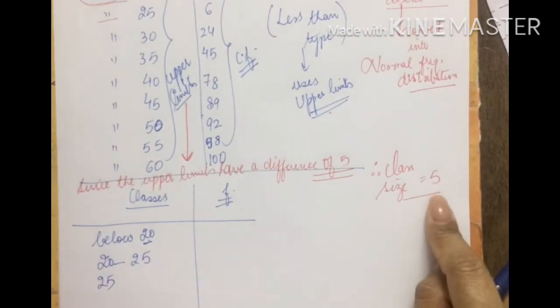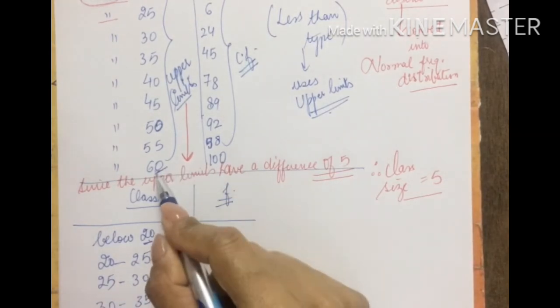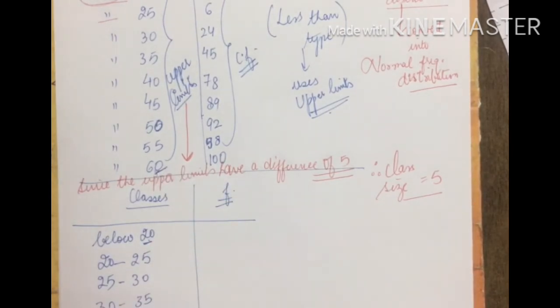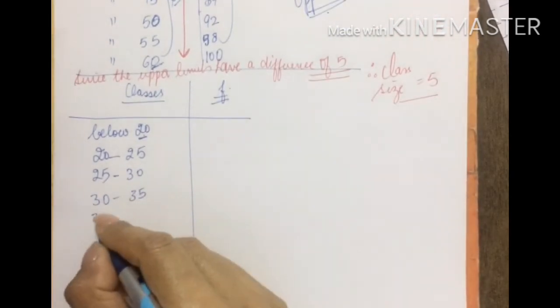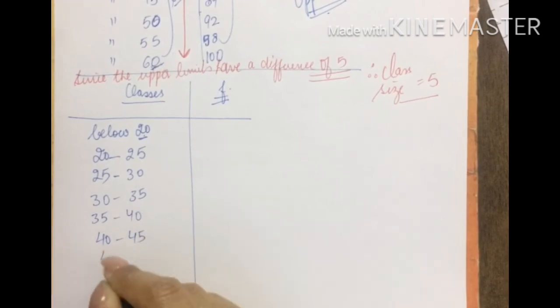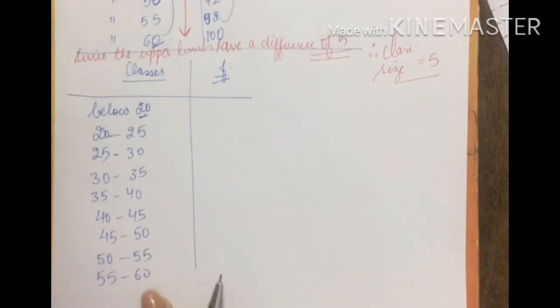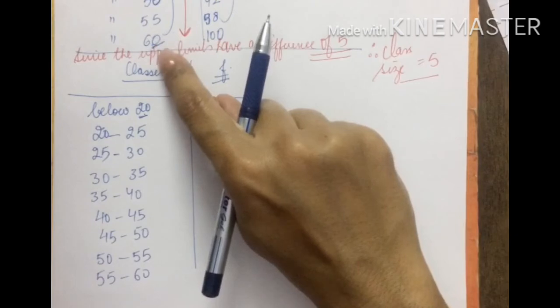Keeping in mind that the class size is 5, 25 to 30, 30 to 35, and we go up to 45 to 50, 50 to 55, 55 to 60. This is the last upper limit as per the table given.